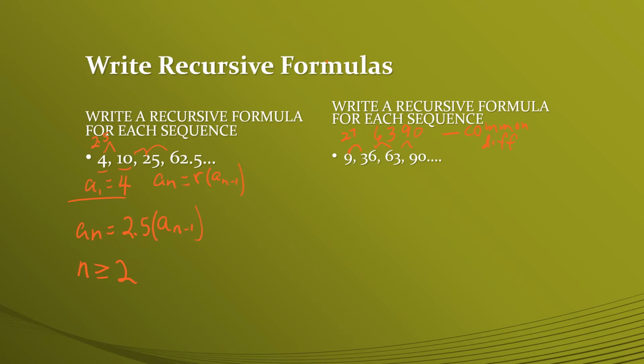So, our basic formula for developing an arithmetic sequence, we should remember this from a previous lesson, is AN equals AN minus 1 plus D. Now in this case, A1 is equal to 9.